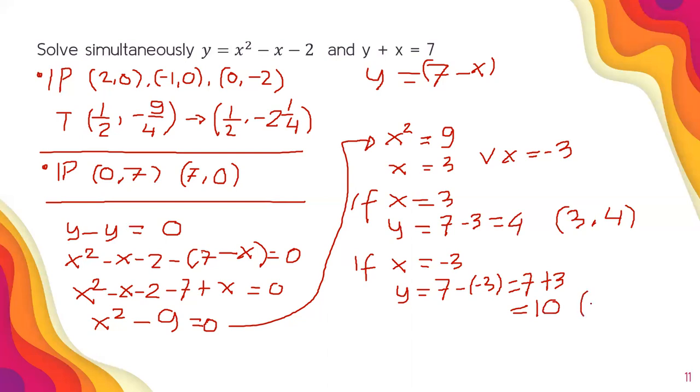So the second intercept point x comma y, negative 3 comma 10. All right. Let's move to draw this parabola and straight line, and afterwards we're going to find these intercept points.